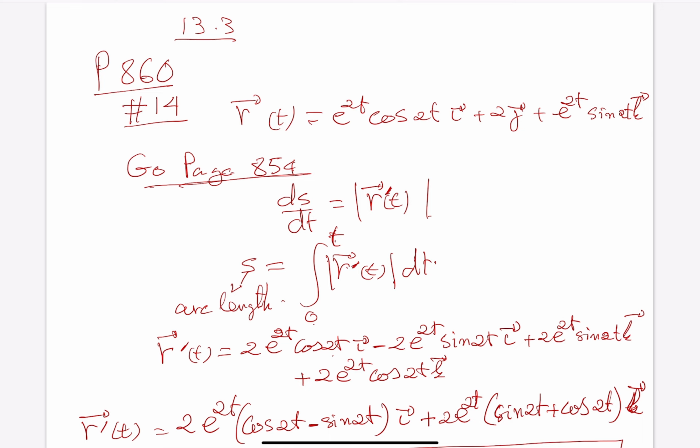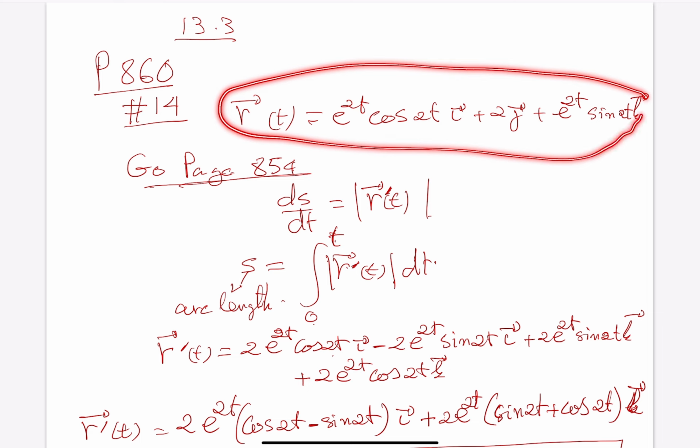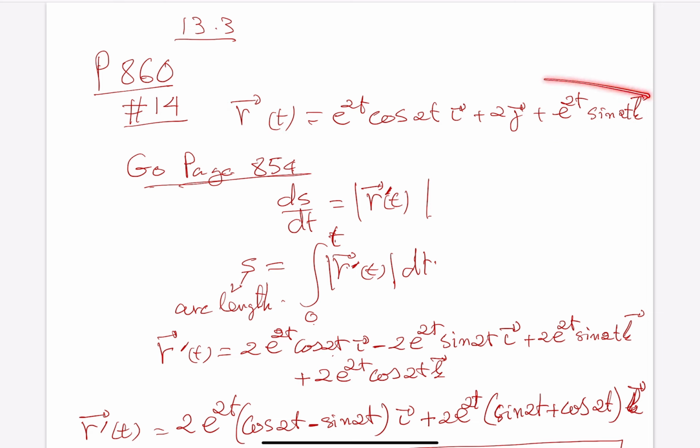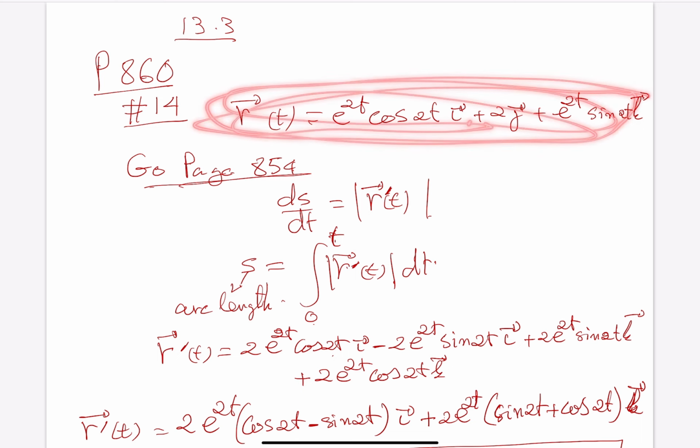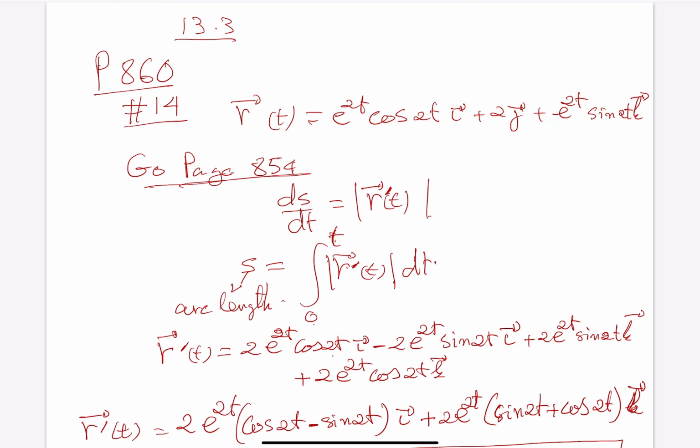Replace t, the one we expressed with respect to s, meaning the arc length. Take this one and try to express it with respect to s. Okay, this one. Let me copy it.